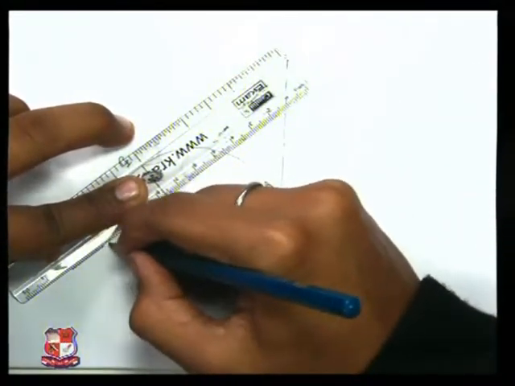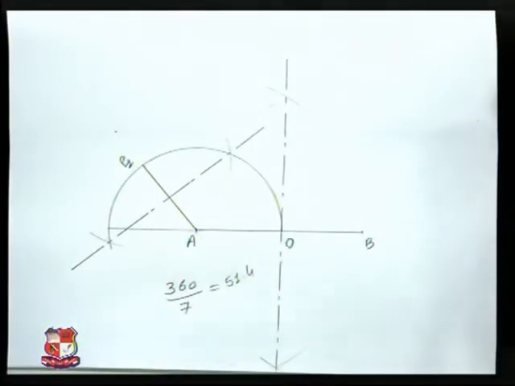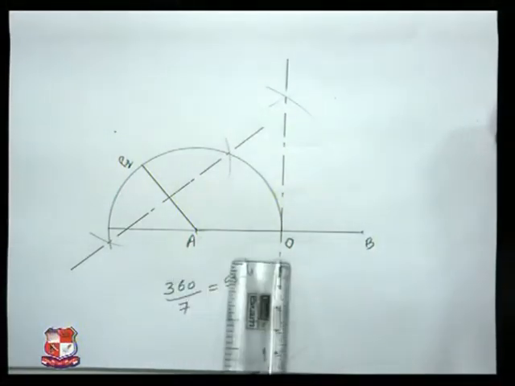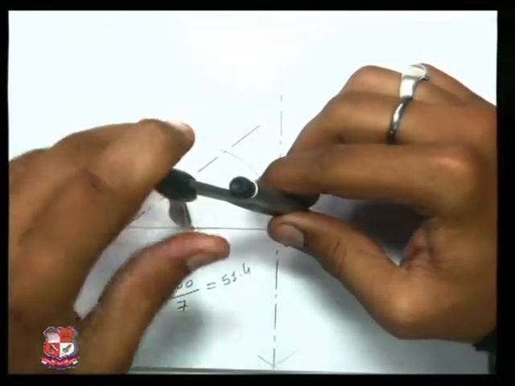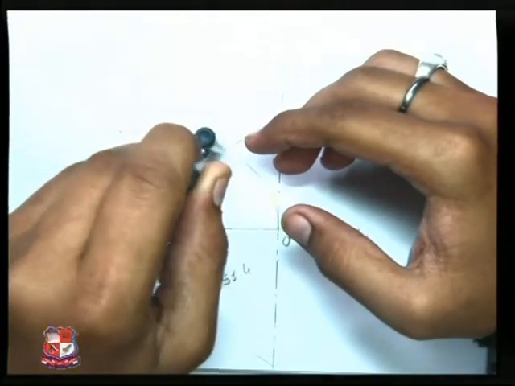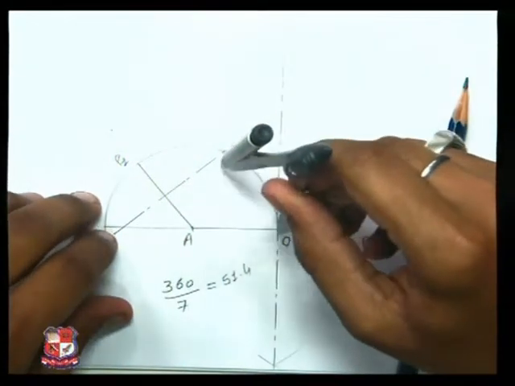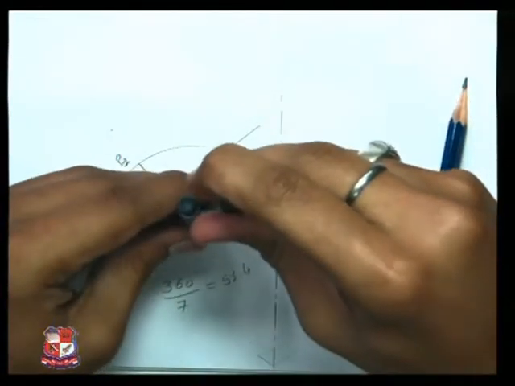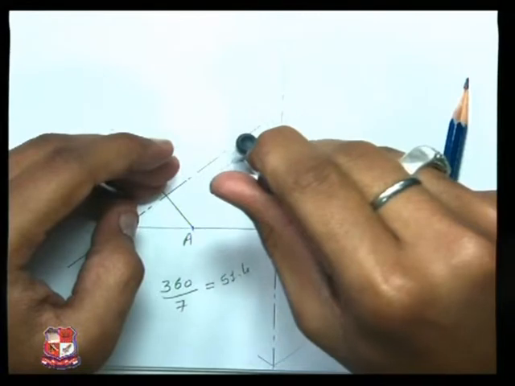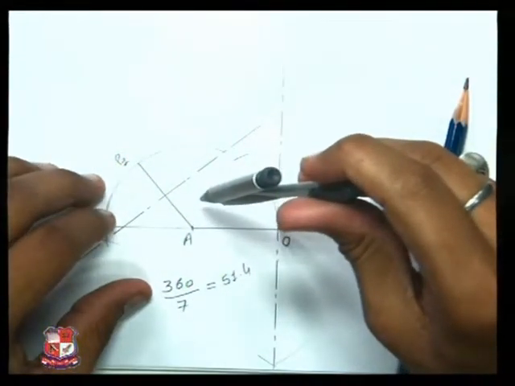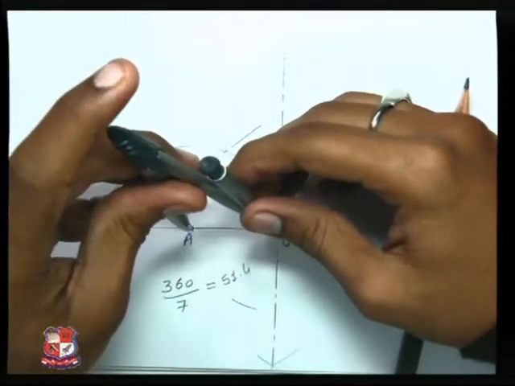Join the bisector line as a center line. Take bisector of OA. I am taking the bisector of OA.